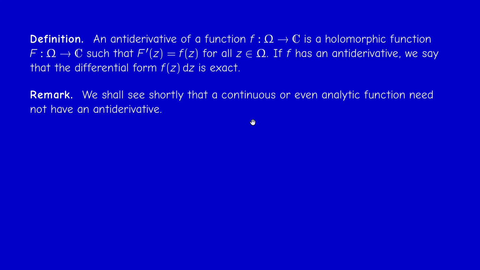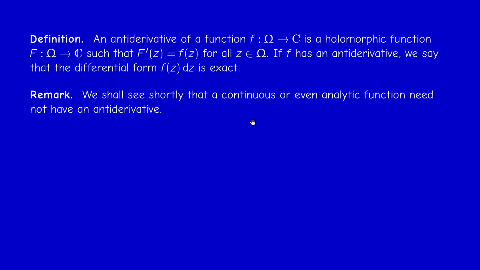We shall see later that we need two conditions for the existence of an antiderivative. We need a condition on f, we need f to be holomorphic. We'll see why. And second, we need a topological condition on the domain omega. I will give you now an example of a holomorphic function with no antiderivative.